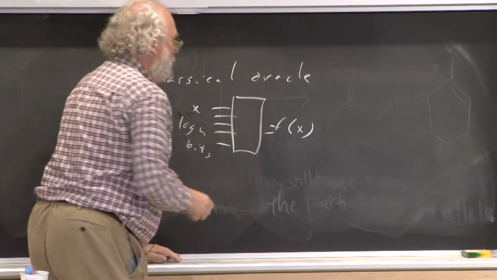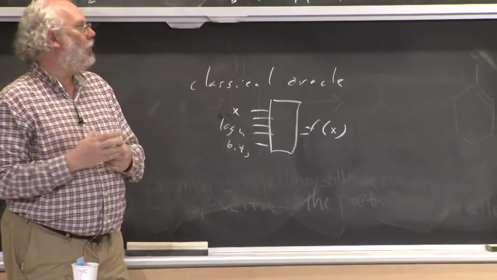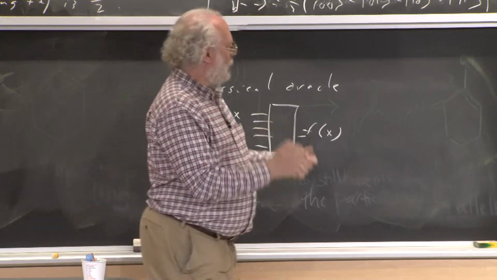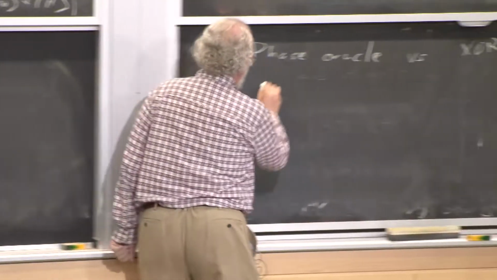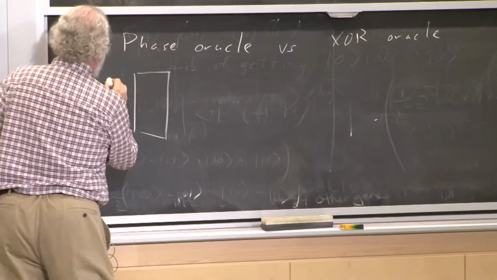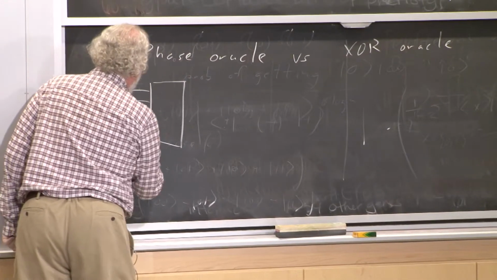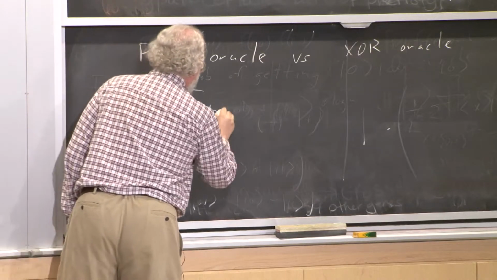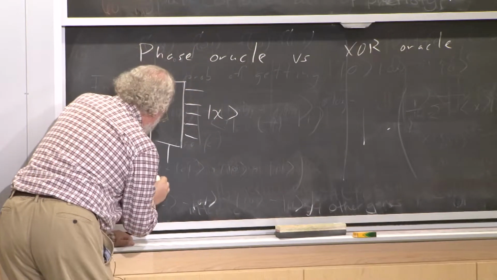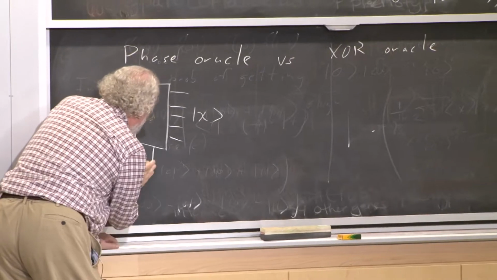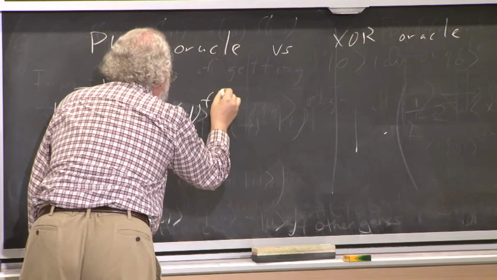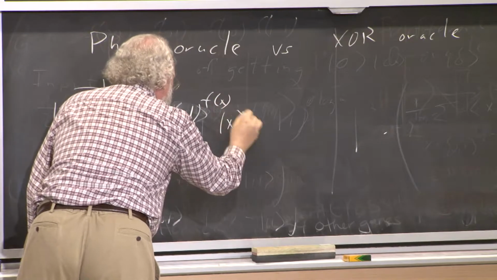And this is obviously unusable as a quantum oracle because it's not reversible. So here we have input x, output x, and this one is, well, output is minus 1 to the f of x, x.